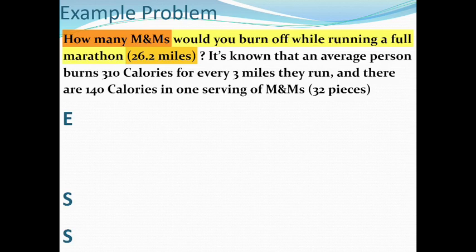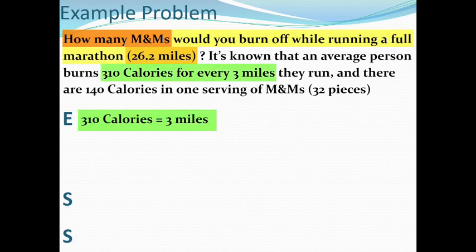Everything else in this problem, as much as it might seem like there was a number given to me, these are really some kind of sneaky equations that are written out in word form, and we can turn those into some unit equations just by taking out the extra words. Here where it says that the average person burns 310 calories for every 3 miles, then for the average person, 310 calories equals 3 miles of running.